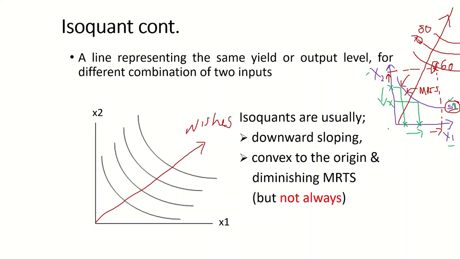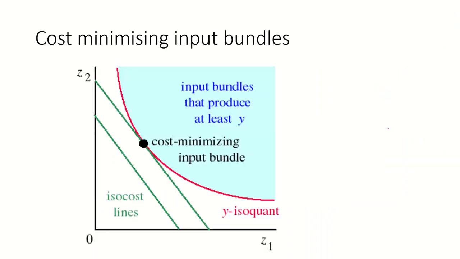However much we would like to push this, we are limited. We have to be satisfied with a certain level of production, mainly due to cost, in terms of the budget that you have and the prices of the inputs. If we use two fertilizers, we have the price of x1 and the price of x2, and the amount of budget that I have in my pocket.